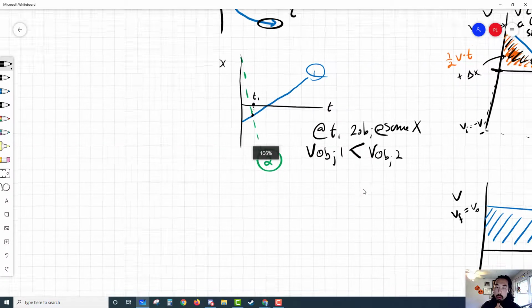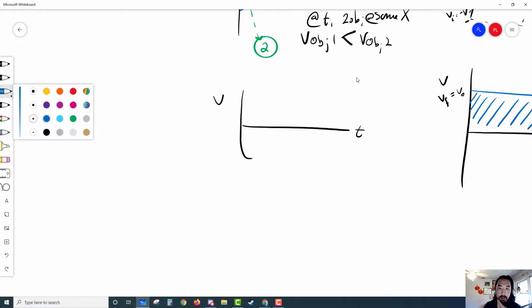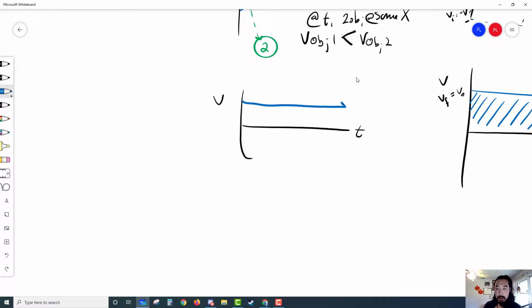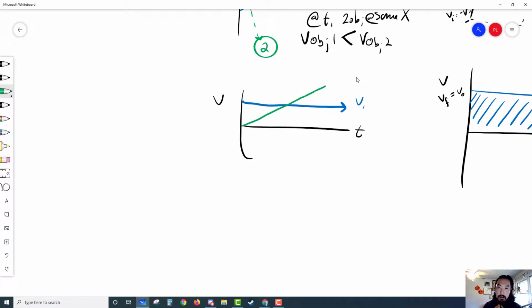Alrighty? Cool. So another version of that kind of question is if we go back to our velocity time graphs. We can have something that looks like this, with velocity 1, and an object 2 that looks like this. So we have these two objects, and they have two different velocities.